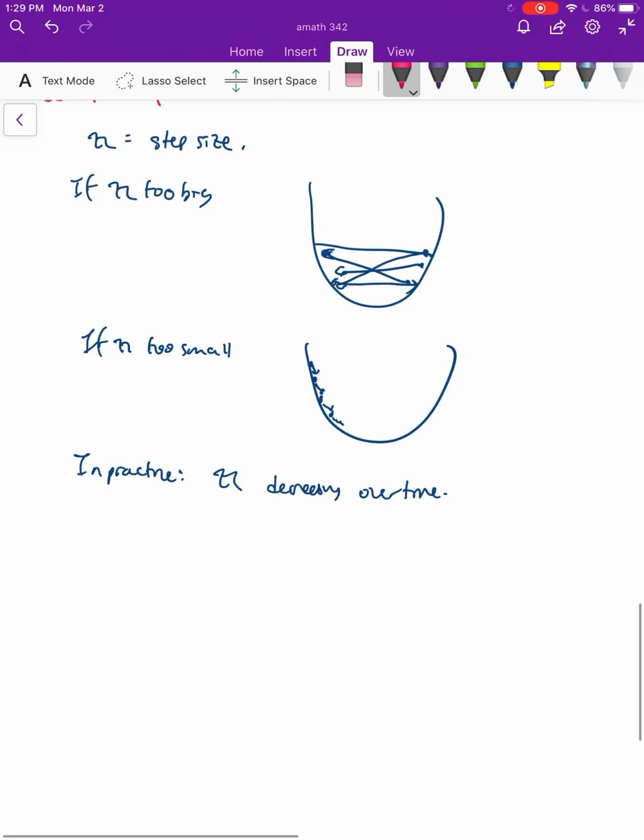Okay, so that's gradient descent, but we have one more final twist to go before you are ready to tackle next week's homework. Stochastic gradient descent. We have discussed gradient descent. What does this stochastic thing mean?